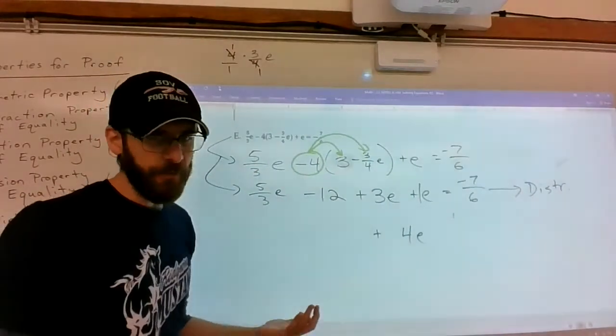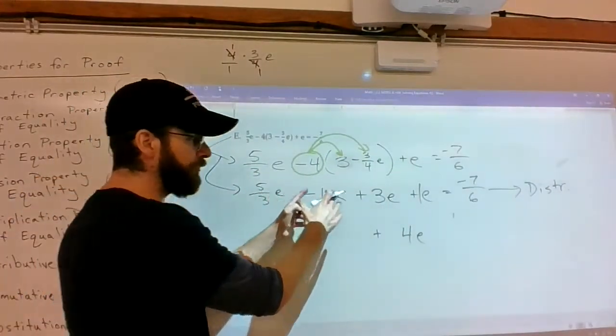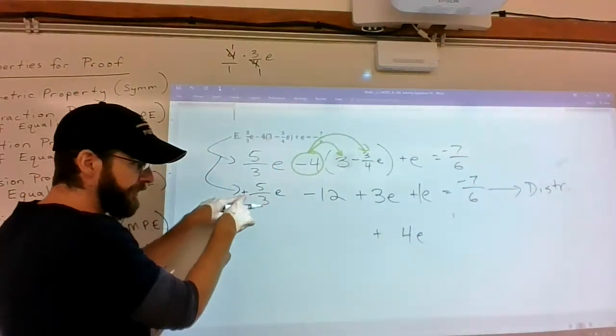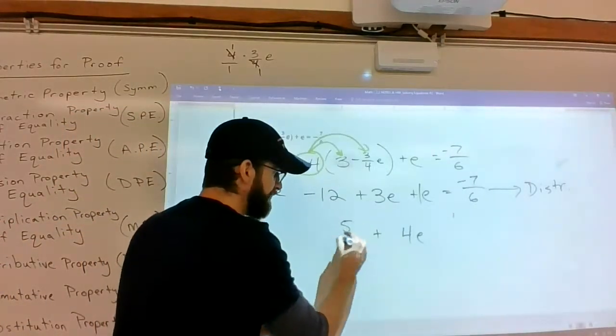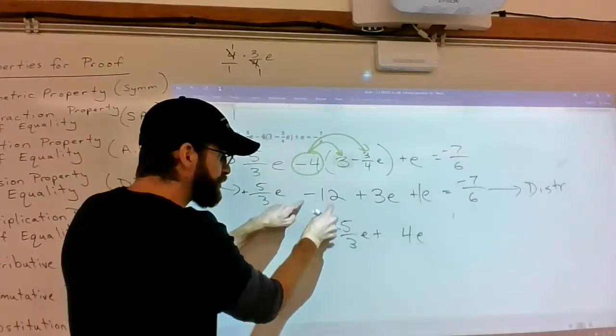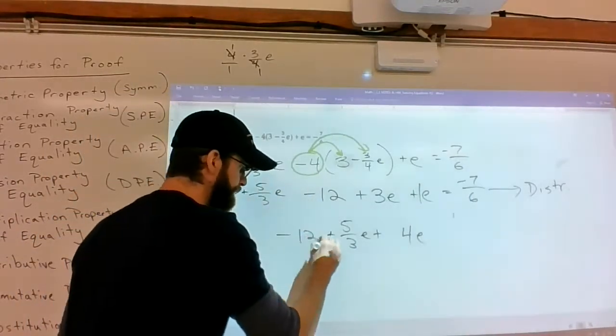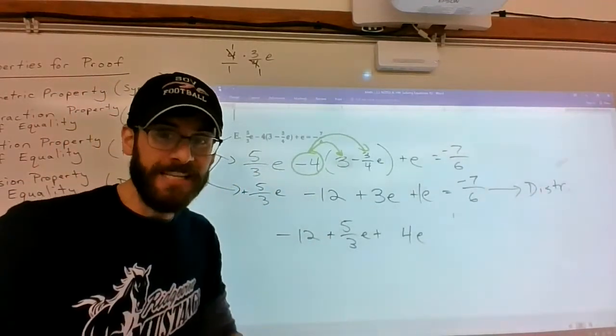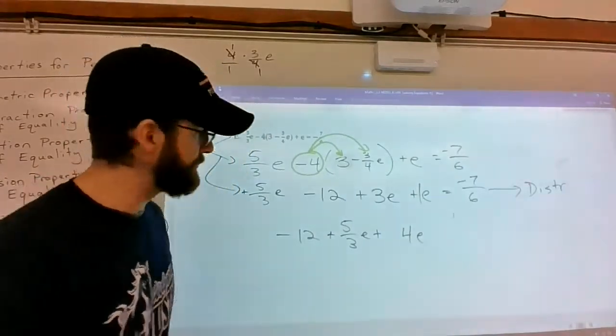I'm just going to calculate that right now. The 5/3 e can move over here. It's a positive 5/3, so it's going to be a positive 5/3 here. And then the constant is going to move over here. That's the commutative property and substitution happening on the same step.